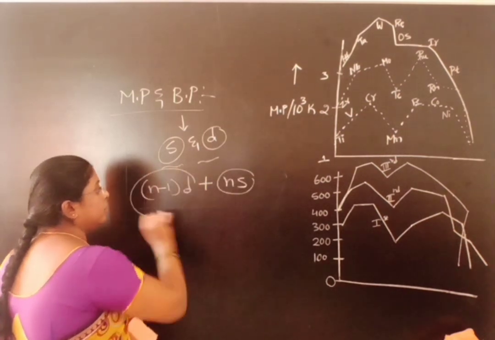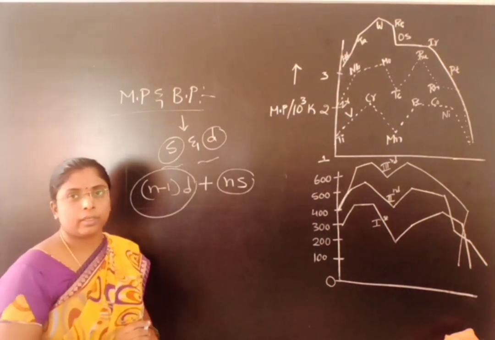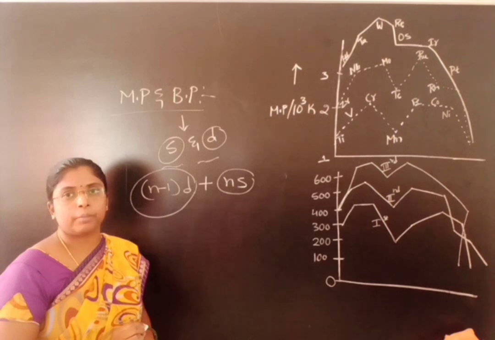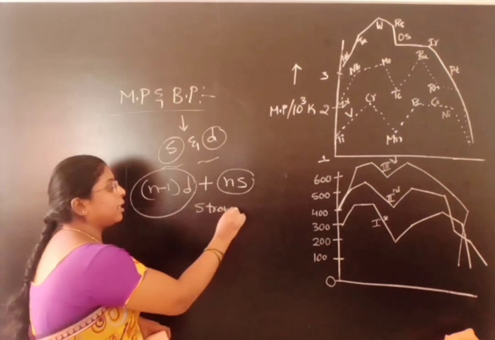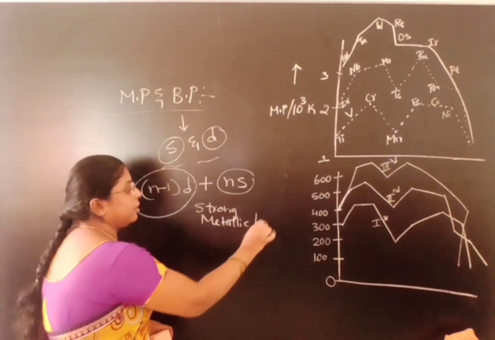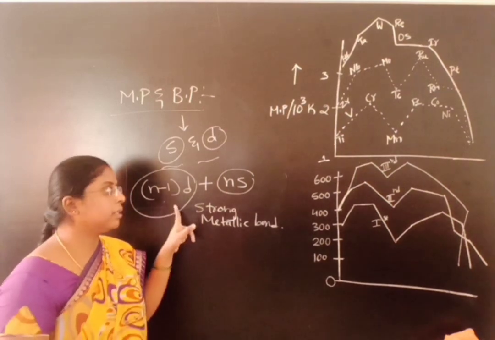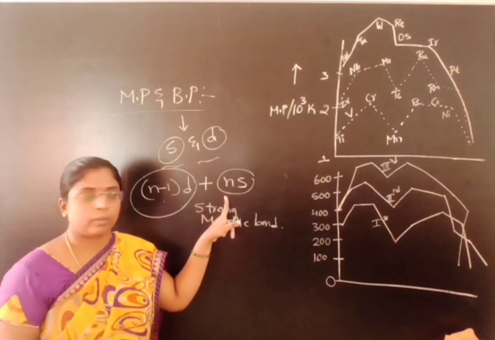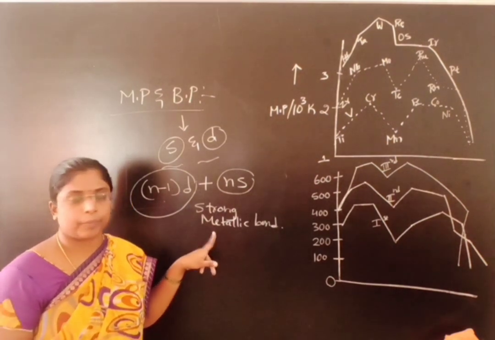Because both orbitals contribute to the number of unpaired electrons, there is a greater number of unpaired electrons. Hence, they have a strong metallic bond. The strong metallic bond is due to the contribution of both the (n minus 1)d orbital as well as the ns orbital.